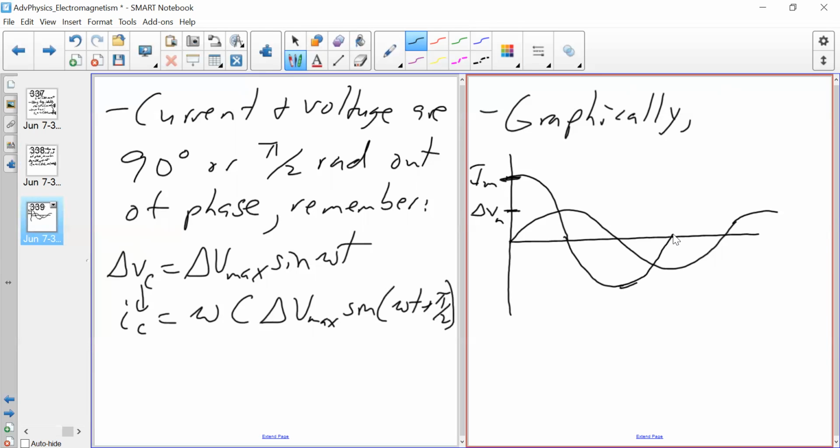Come over here to 0. Try to get this fitted as best as possible. And backwards, I usually just overlap this with red. So the main idea to think about with the capacitor is that current comes before the voltage across it. It's going to lead it. There's a buildup of charge in the capacitor.